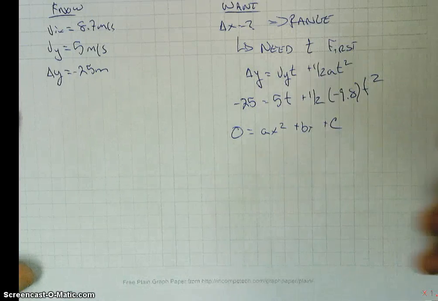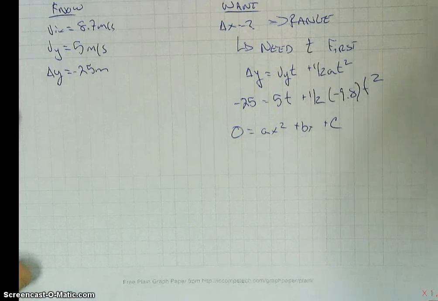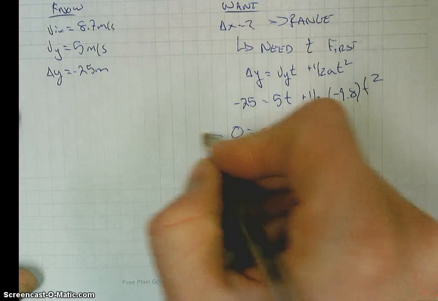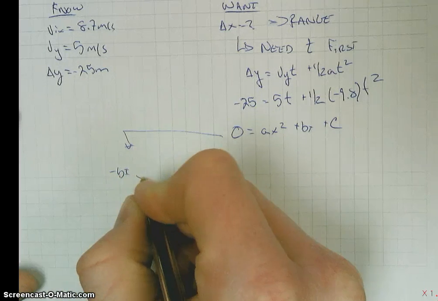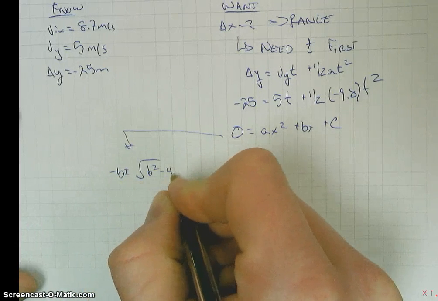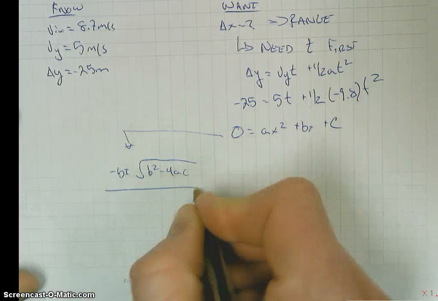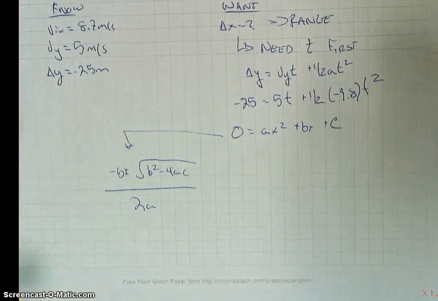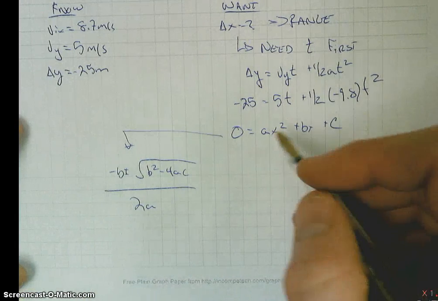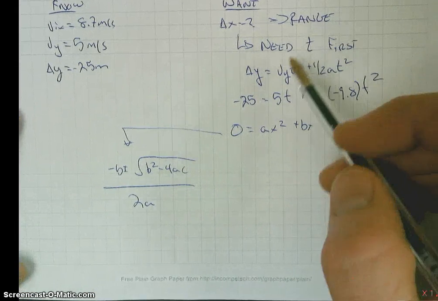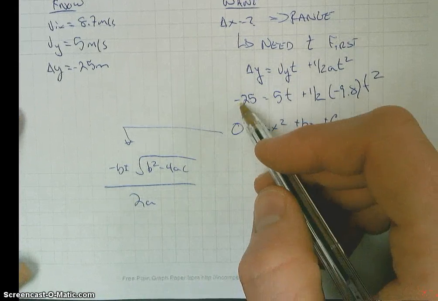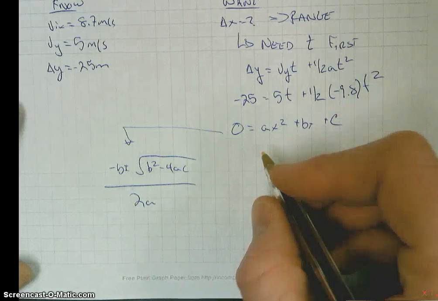So I'm going to rearrange my equation so that I have it in that format, because ultimately I want to plug it into this equation: negative b plus or minus the square root of b squared minus 4ac, all over 2a. So we're going to rearrange first and then input so we can get a time. I want to get 0 on this side, so I'm going to add 25 to both sides.